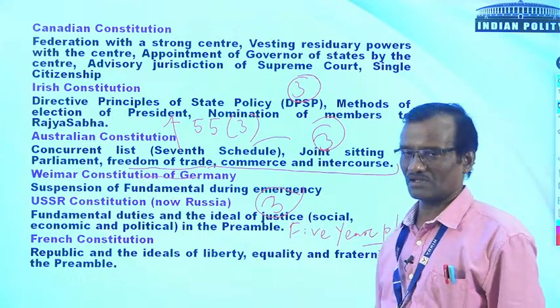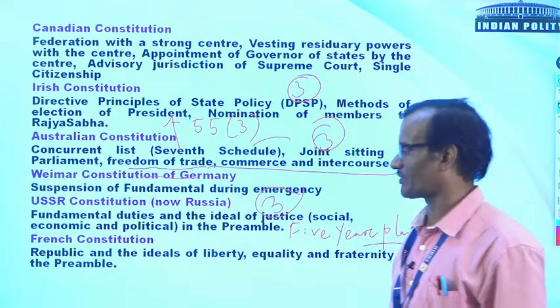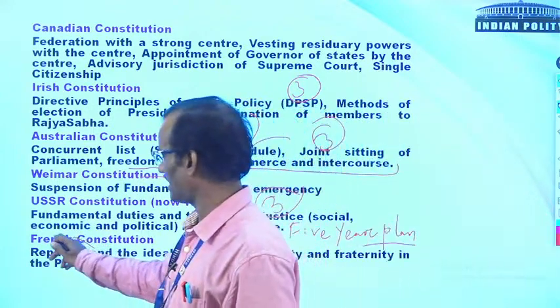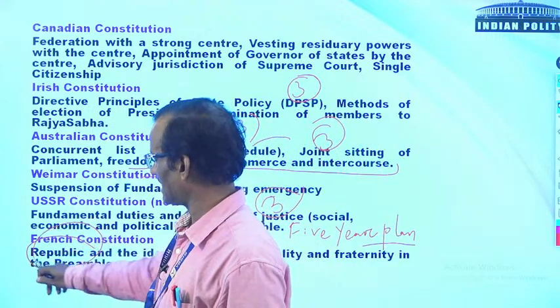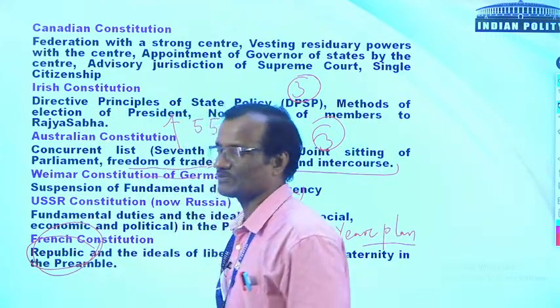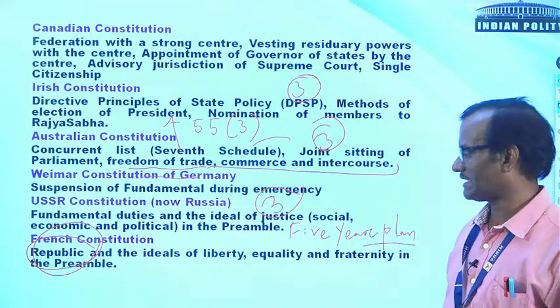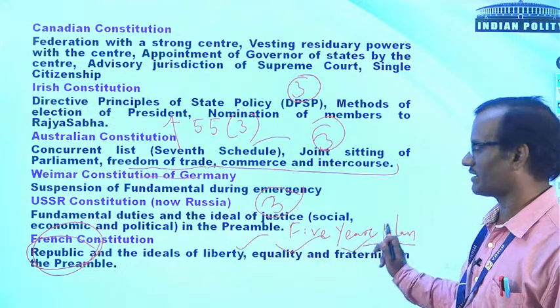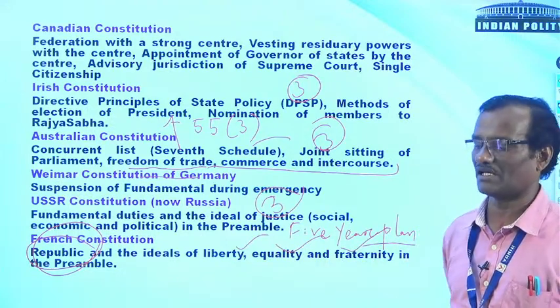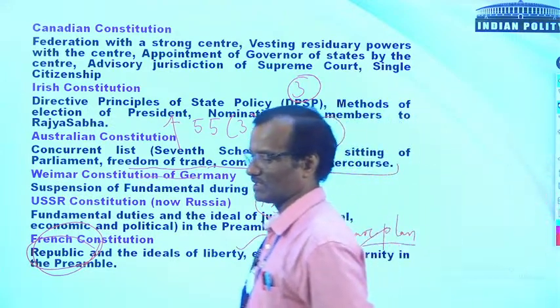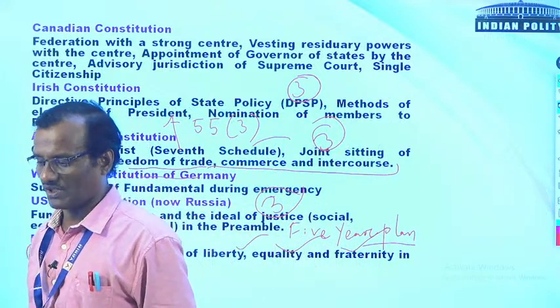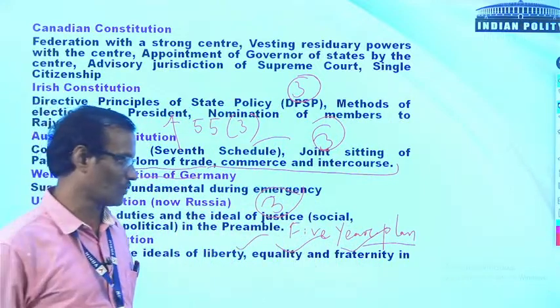And from the French Constitution, we have borrowed the most important aspect of our polity, the republic. The President of India is elected, hence India is a republic, and this provision has been borrowed from the French Constitution. And the ideals of liberty, equality and fraternity, which were an inherent part of the French Revolution in the 18th century, have also been borrowed.